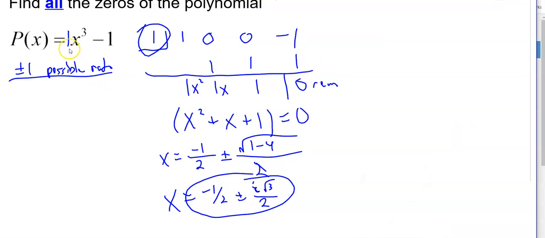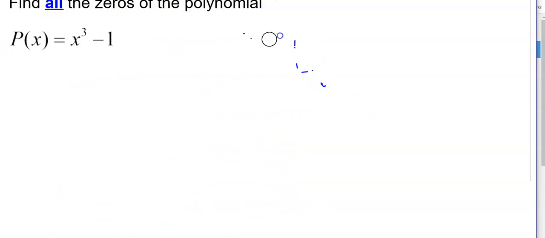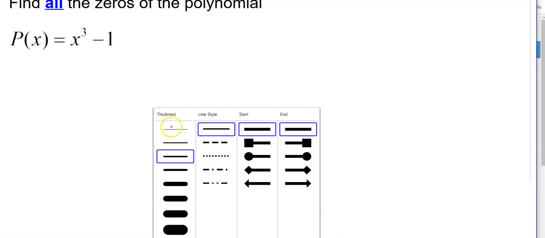As a side note, this just might be interesting to you. If you had tried to solve this another way, I really want you to solve it the way we just did when doing these kinds of problems. But let's just say, I'm not sure if we've talked about this before, but if you just set that equal to 0, so x cubed minus 1 equals 0, and you solved it, you got x cubed equals 1.